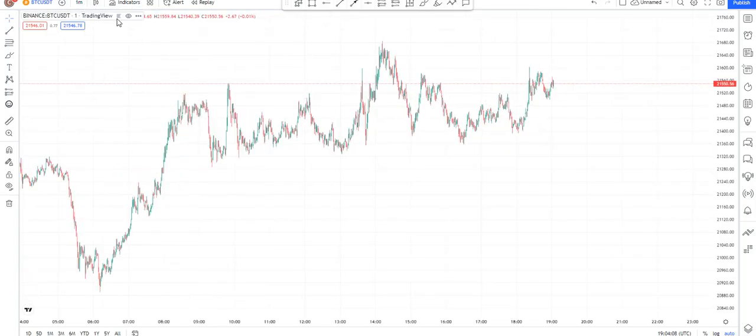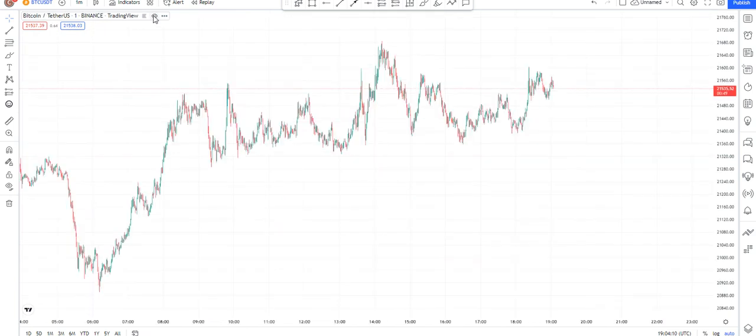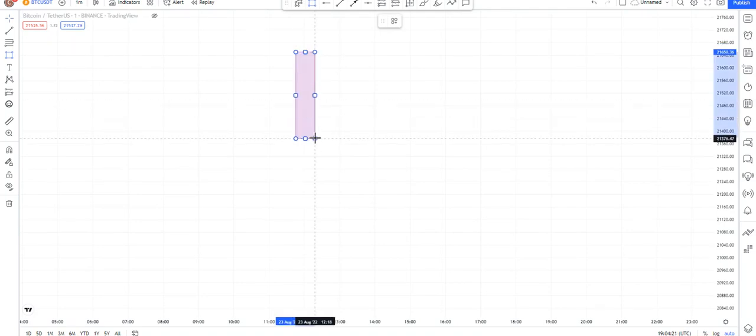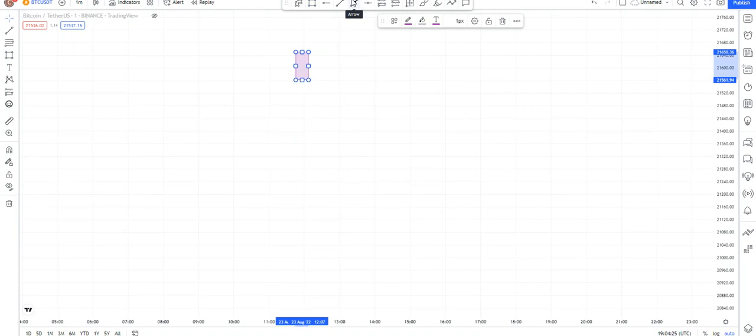Let's say you have a candlestick like this.